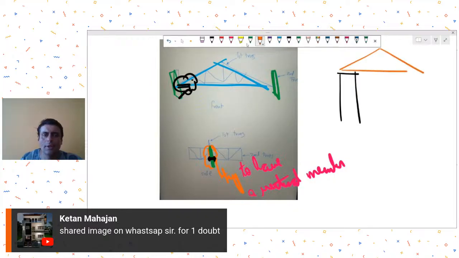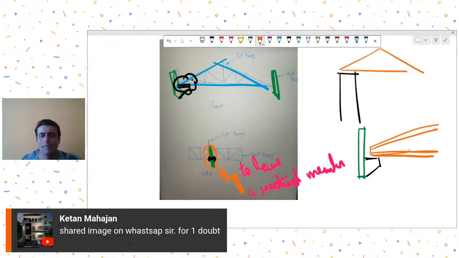Now here we have this second truss, we have a vertical member, and from this vertical member we may have to create some stiffener arrangement, this is one of the options. And then on this, your first truss assembly will rest.